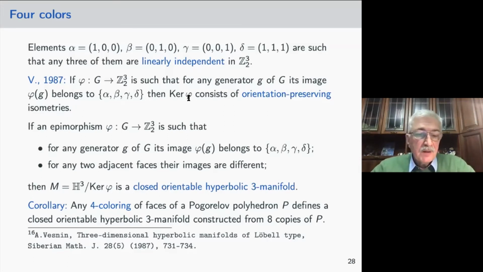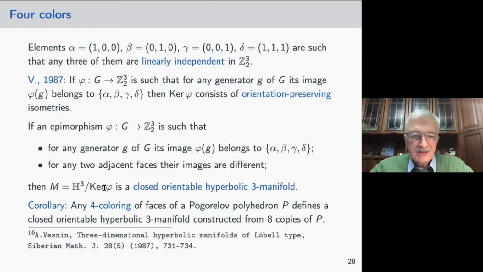And we can apply it for any right-angled bounded polyhedra. If you consider the group generated by reflections, and such an epimorphism that any generator goes to one of the 4 colors, and any 2 adjacent faces get different colors, we get a kernel which is torsion-free. And the quotient of the hyperbolic space by this kernel will be a closed hyperbolic manifold.